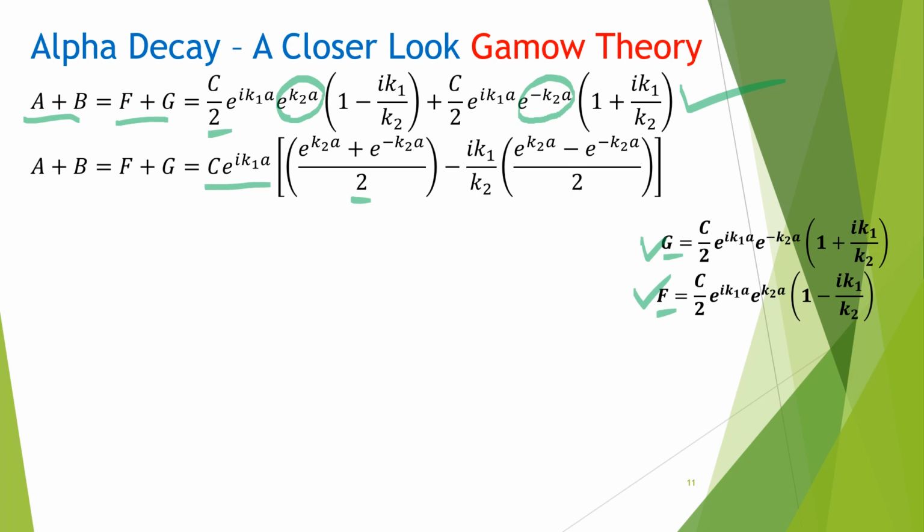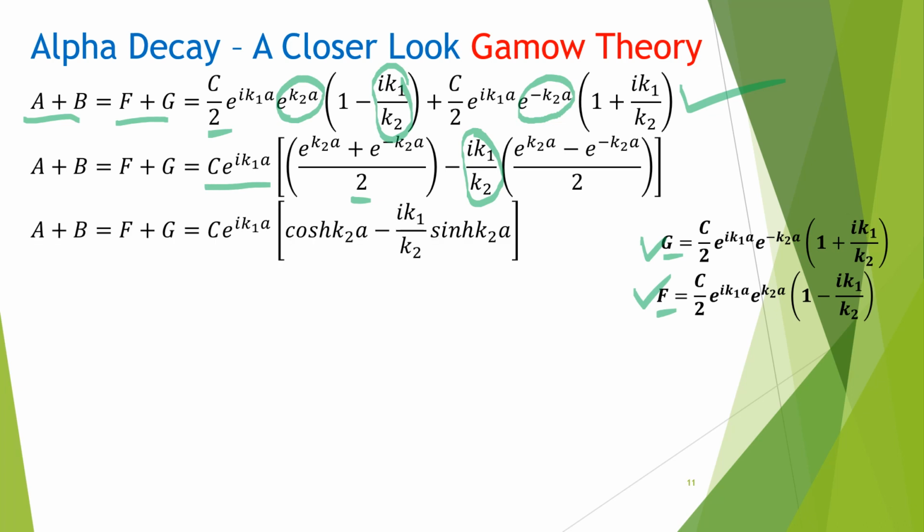Then this term I k1 upon k2 is common, and e to the power k2a minus e to the power minus k2a upon 2 is common. This is just segregation of terms, and the first term leads to cos of k2a.